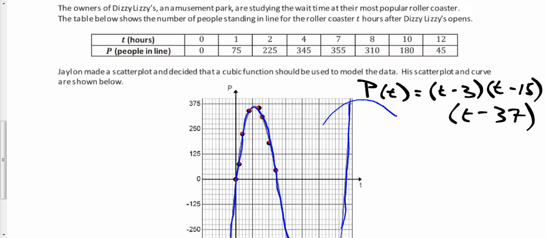Does this part help us at all? Let me ask you this. If we did another data point at 13 hours and 14 hours, what would my cubic function get me? It'd give me a line with a negative number of people in it, right?